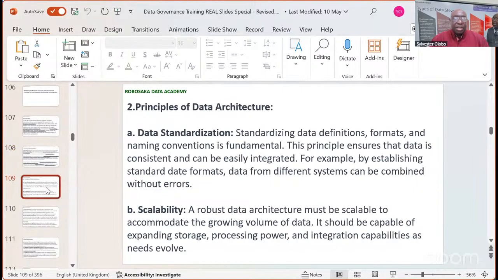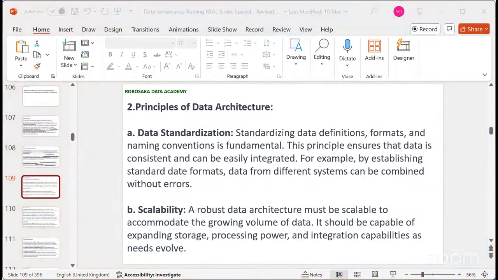Okay? Let's move to the next principles. Principles of data architecture. Number one, very important: data standardization. Now, when you hear the word standardization, what comes to your mind? That should be the format of the data itself.